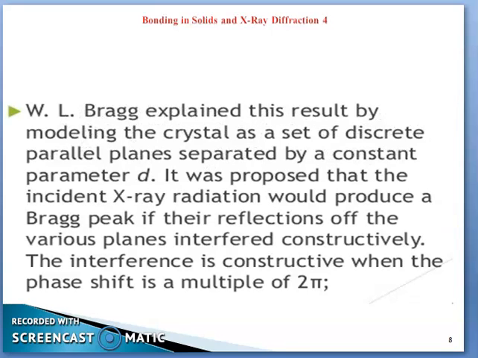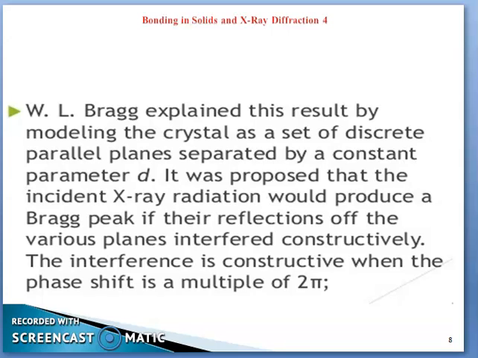W.L. Bragg explained this result by modeling the crystal as a set of discrete parallel planes separated by a constant parameter d. This d is nothing but the distance between two layers of the crystal, small d.